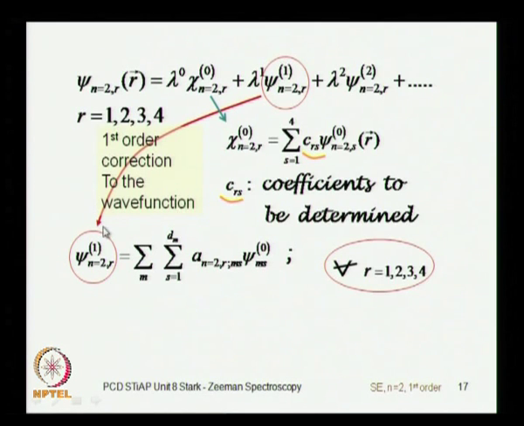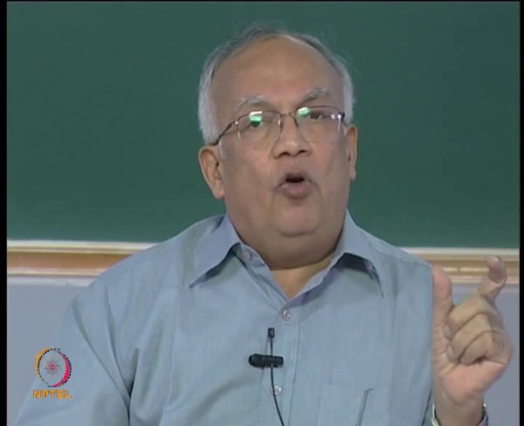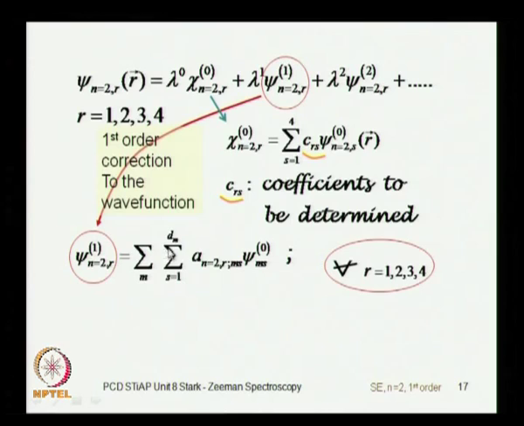So this is a superposition over all quantum numbers m of these unperturbed states, but for each value of m there may be d number of degenerate eigenstates, and we already know that there is an n square fold degeneracy. So you must include a summation over all of these degenerate states.